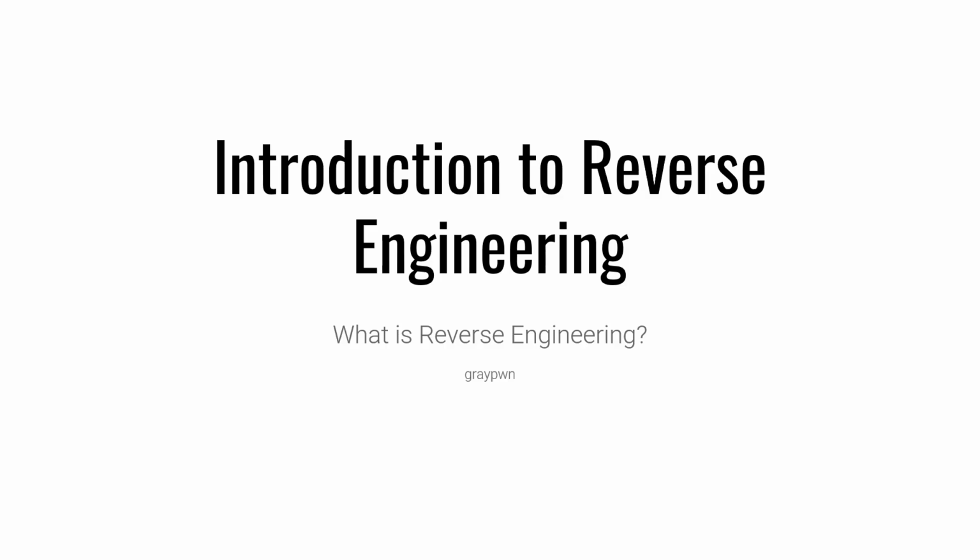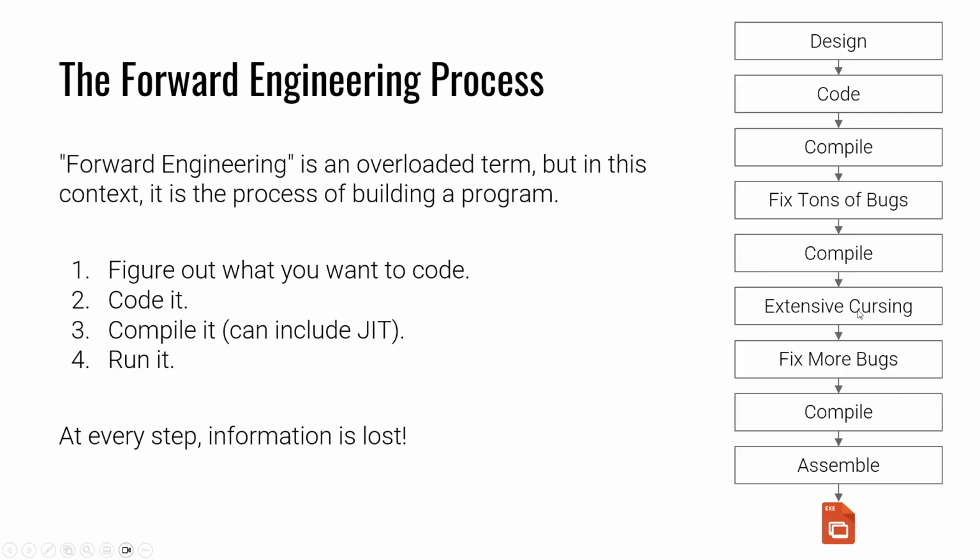But when you ask to introduce reverse engineering, we need to first understand the concept of what we call forward engineering. Forward engineering is basically the context around how we build programs.